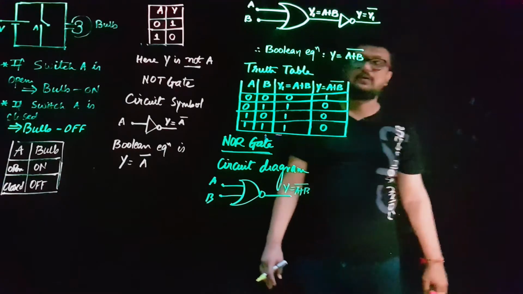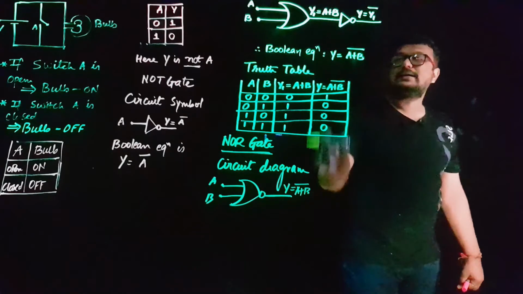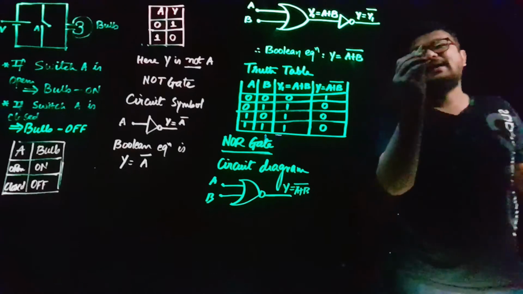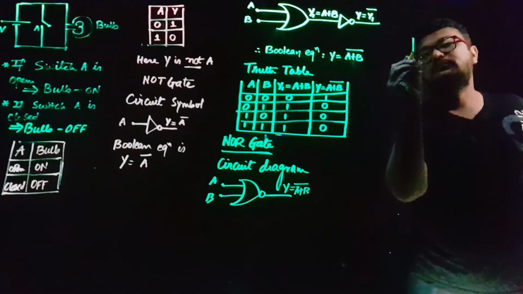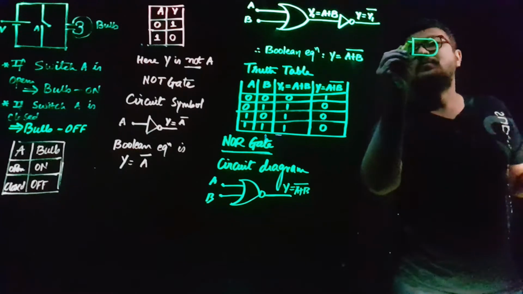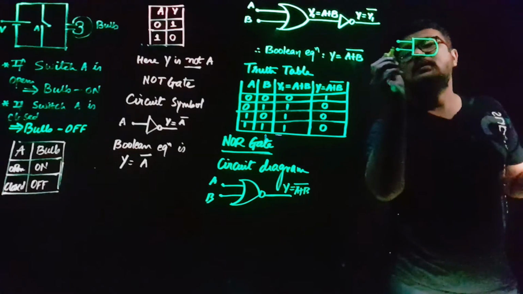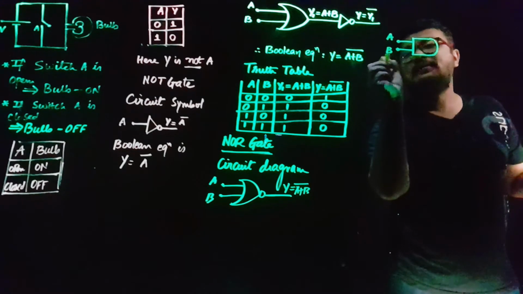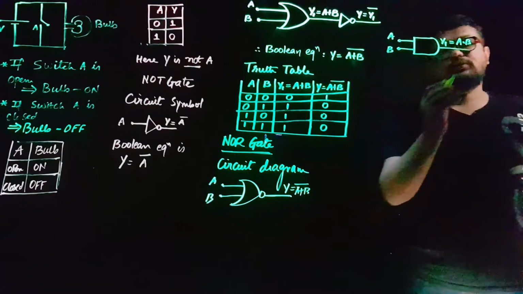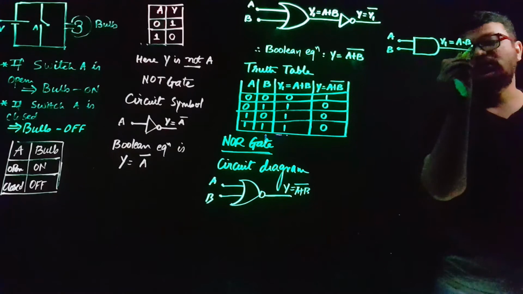Clear? Quite simple one. In the same way, instead of OR gate, if we take an AND gate over here, let us say we have 2 inputs A and B, and here we will have output Y1, which is equal to A and B. Now this output we are connecting to a NOT gate.